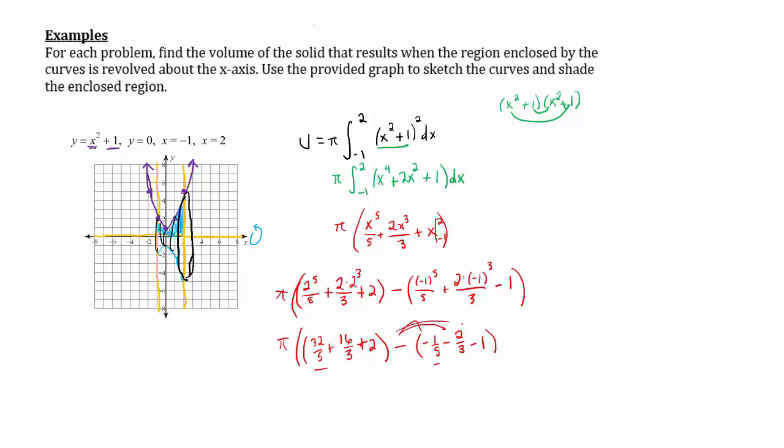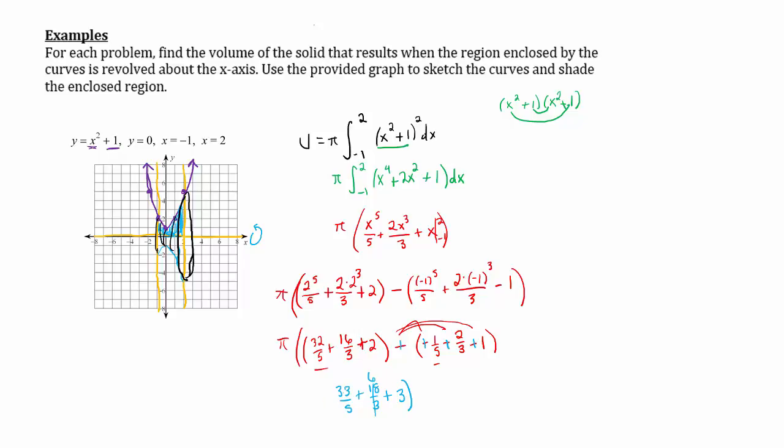So if I distribute my negative to the second one and then add like terms, so if I change all these signs, we'll have 32/5 and 1/5, which is 33/5. 16/3 and 2/3 add together to get 18/3, which is really 6, and then 2 plus 1 will be +3.